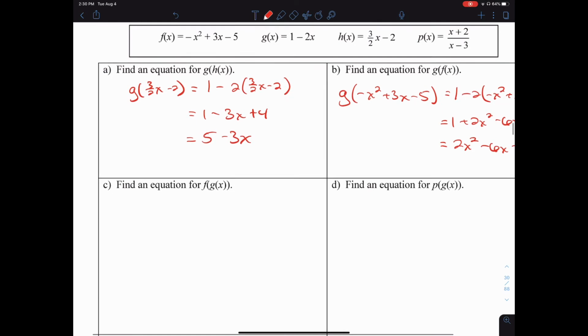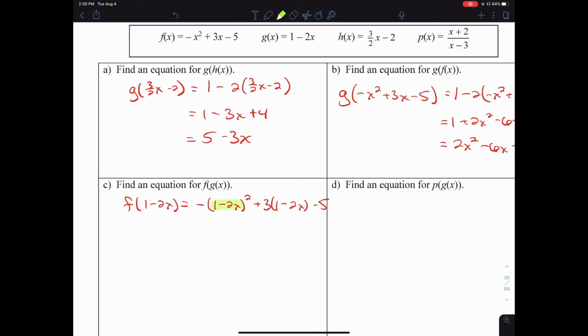C, senor. F of g of x. We're going to take function f, and we're going to replace all the x's with g of x, which is 1 minus 2x. Function f is negative x squared plus 3 times x minus 5.